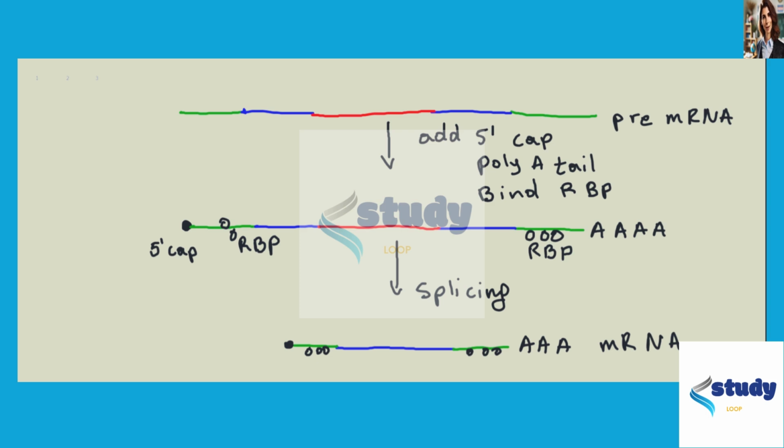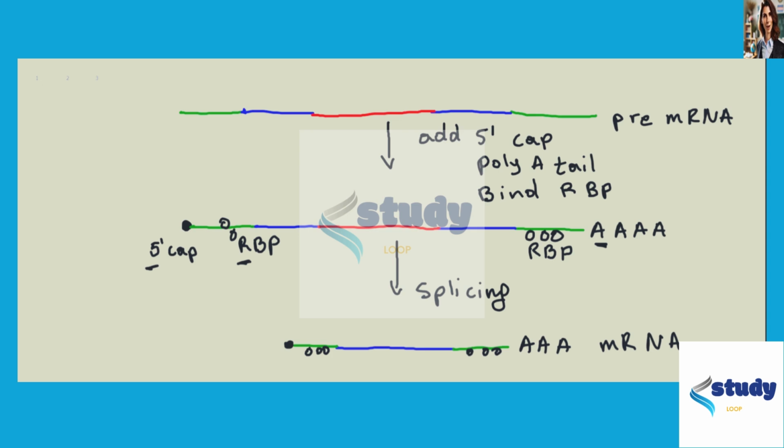So to the pre-mRNA, you add a 5' cap and a polyadenine tail, or poly A tail. The 5' cap on the 5' region and the poly A tail on the 3' region affect the stability of the RNA. It makes it more difficult for ribonucleases to get to the RNA.